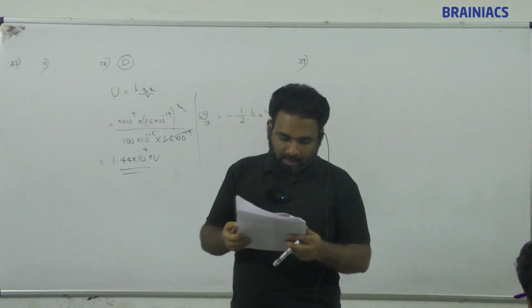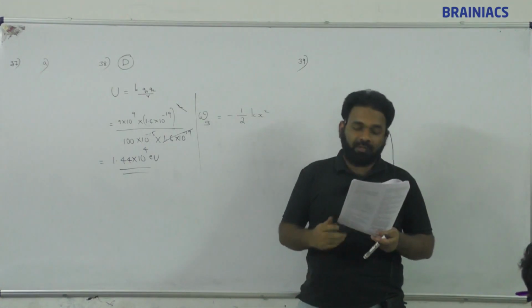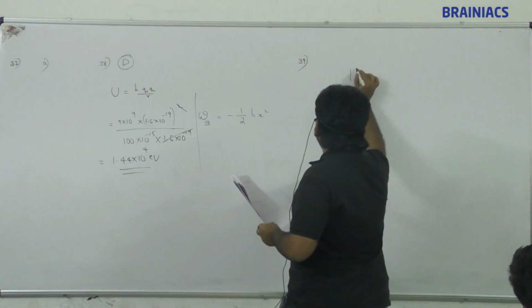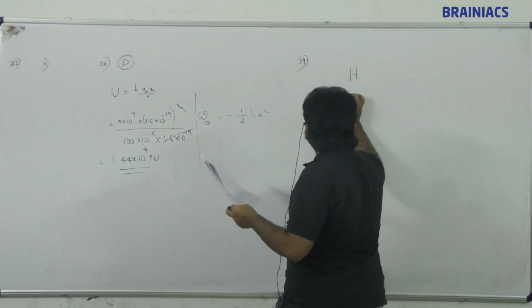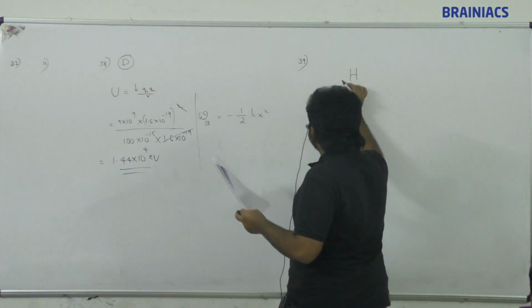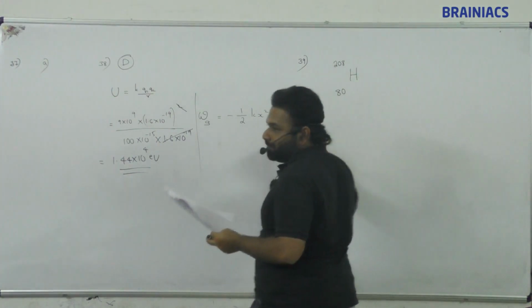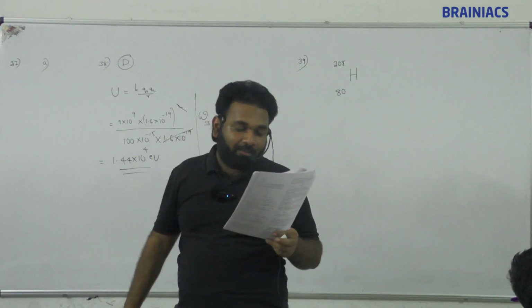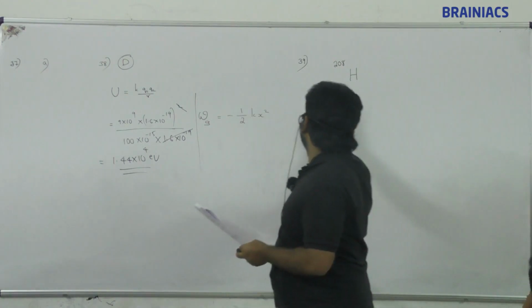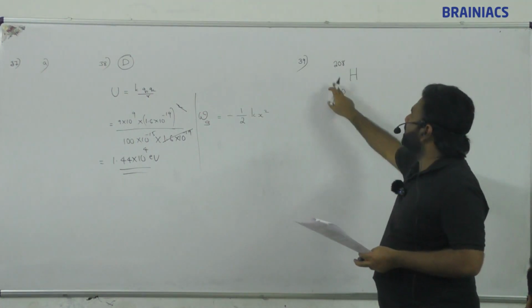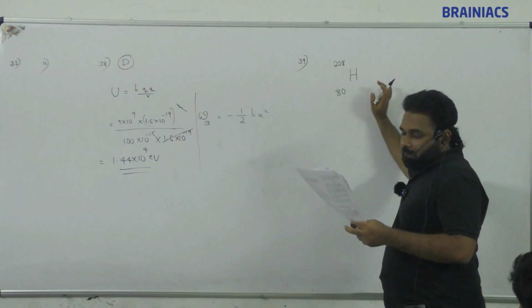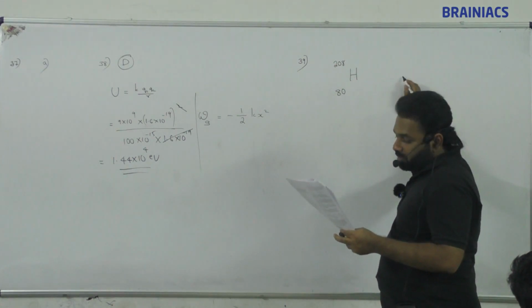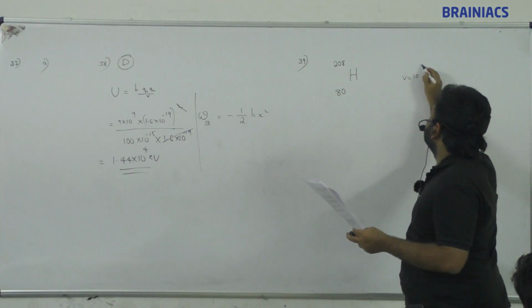Mercury nucleus, okay, atomic number, mass number, is bombarded by alpha particles with a velocity of 10 raised to 7 meter per second.